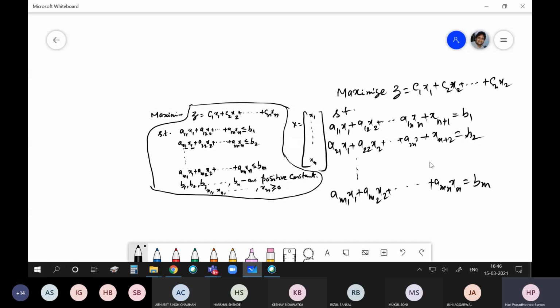What about the sign of these slack variables which we have added, xn plus 1, xn plus 2 and xn plus m? Are they positive or negative?